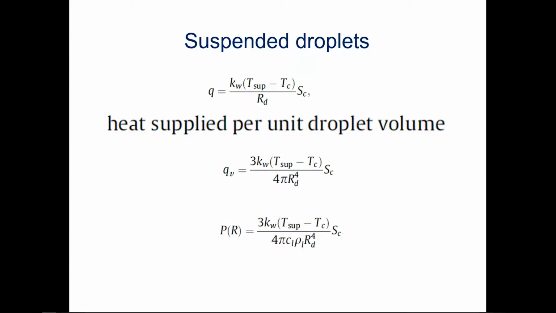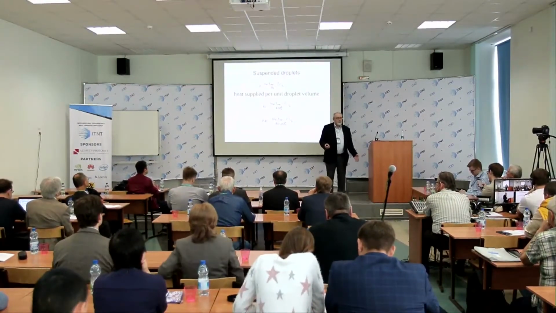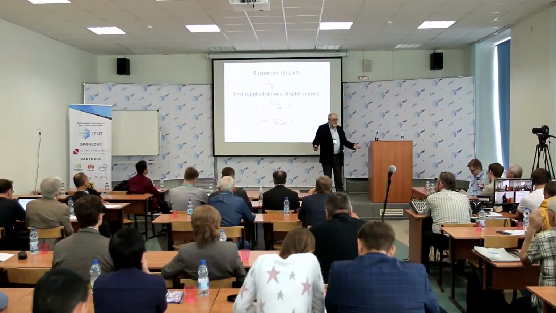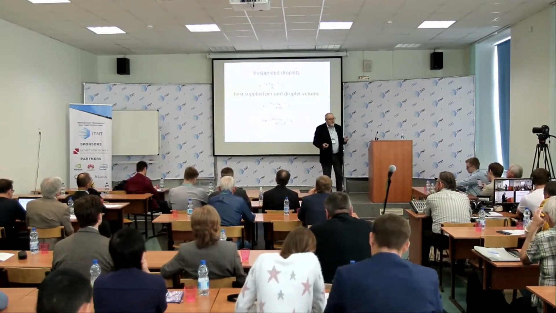We have the cross-sectional area of the contact between the droplet and the rod. We have the temperature at the center of the droplet. We have the temperature of the support, or the temperature of the rod. We have the average radius of the rod. And then we have the thermal conductivity of water. It's a very simple formula. You can find it in a manual for undergraduate students.